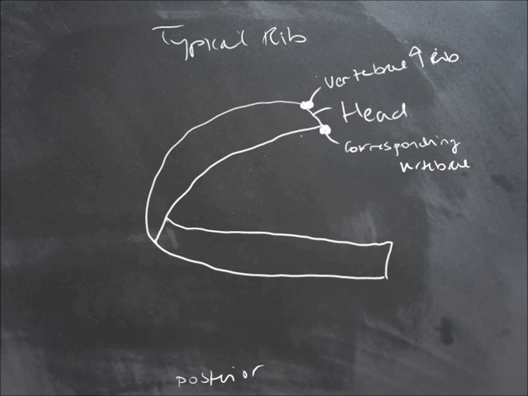Moving a little bit along, just about here, we have the neck, and then we have another bony projection called a tubercle, and we've got an articulating part and that articulates with the transverse process of the vertebra, and a non-articulating part.